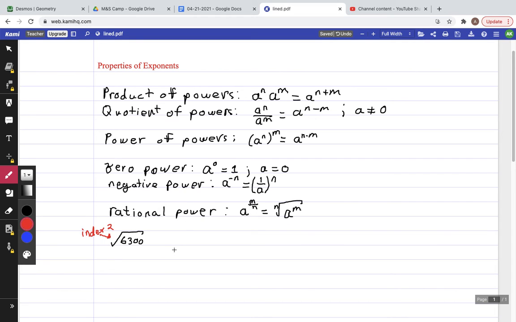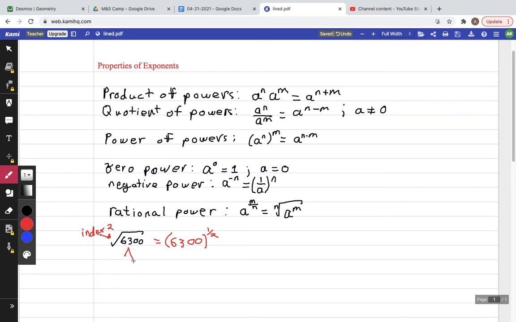But since this has an index of 2, it means that I can write it like this: 6,300 to the 1/2 power.